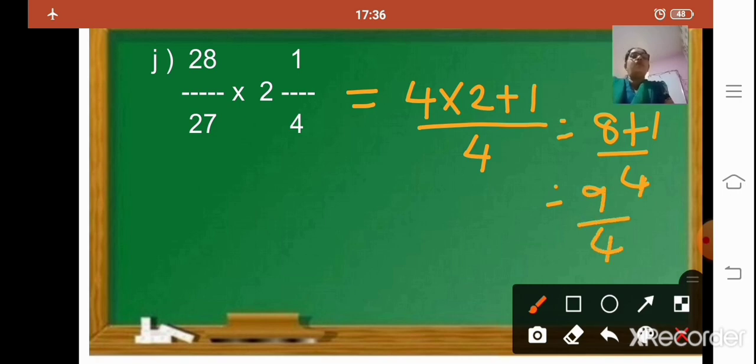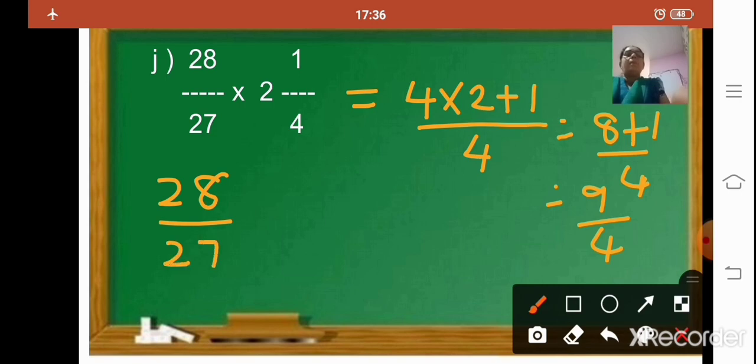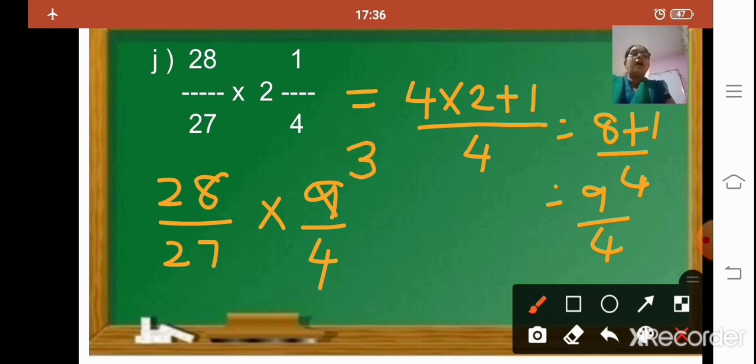Now 28 upon 7 is multiplied by 9 upon 4. Just find a common factor which is easily divisible. 9 and 27 are divisible by 3. So 3 3s are 9 and 3 9s are 27.